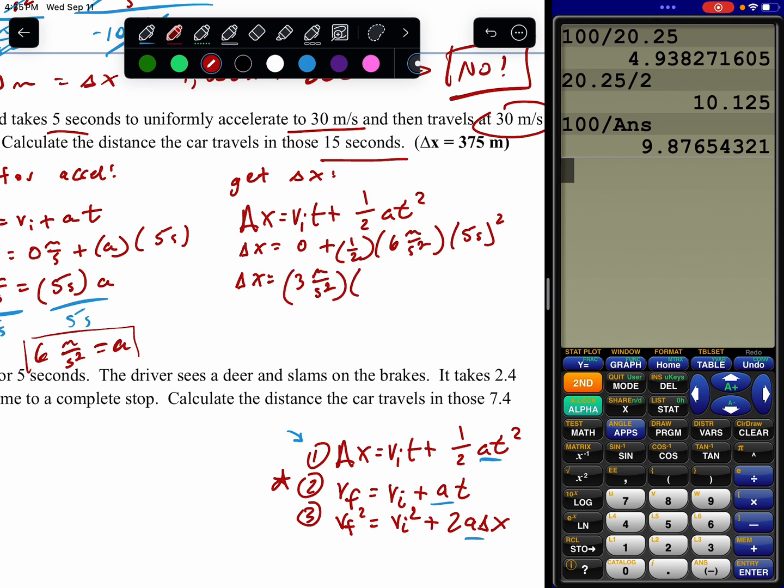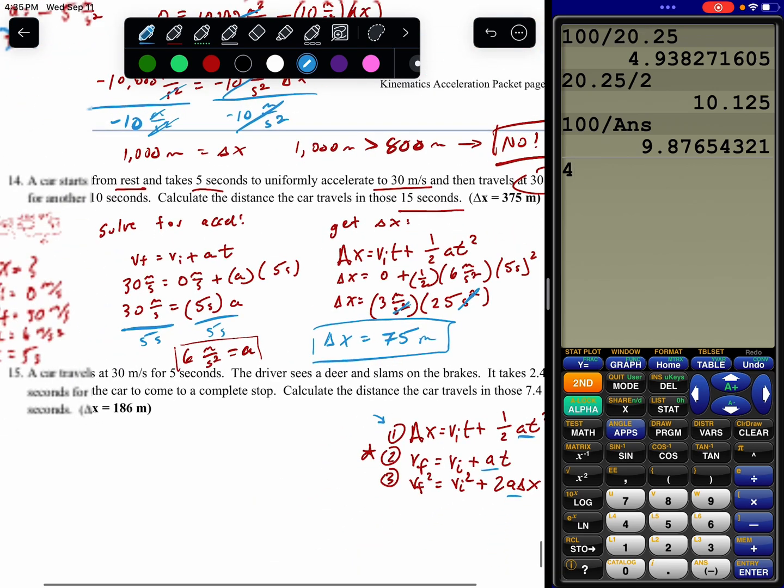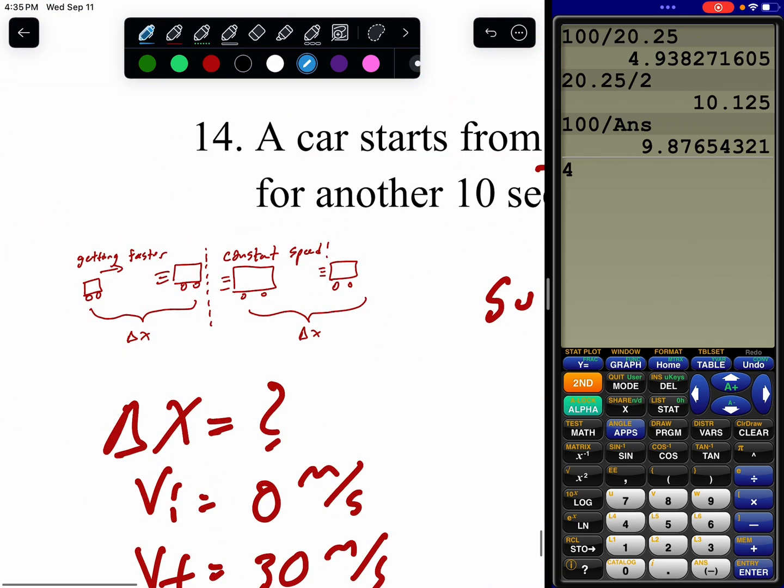We're going to multiply that by 25, which is 5 squared, and let's make sure to include the seconds squared there. So the seconds squared go away, and I'm going to be left with the unit of meters, which is exactly what we want. We want a distance. So let's multiply 3 times 25. That's going to give us 75, and our units are meters, and that's going to be our delta x. But remember, that is the delta x for this part, 75 meters.